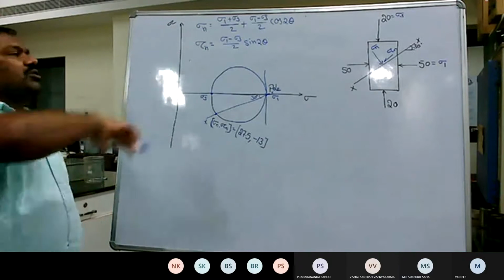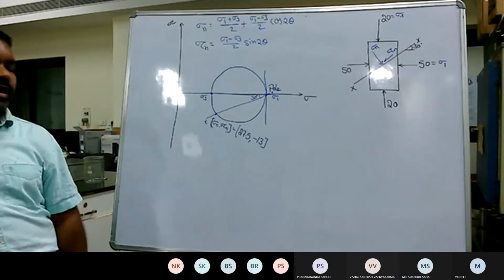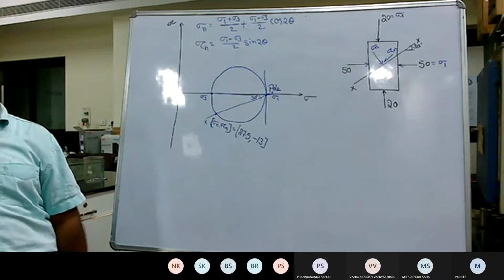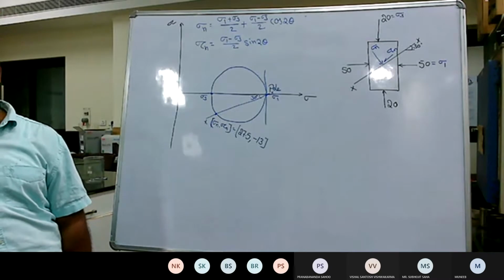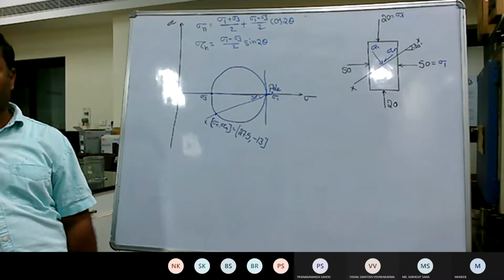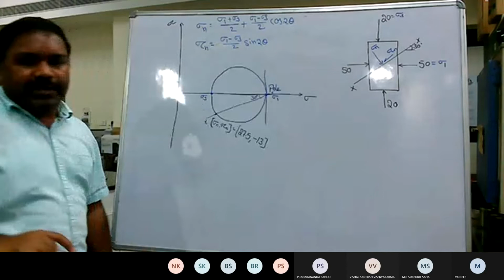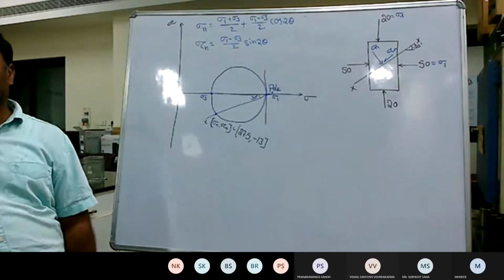But here, if we use the theta directly as 30, you may not get the exact values of 27.5 and minus 13; rather you will get a different value. Suppose I take theta equal to 30 degree, where would be the failure plane?